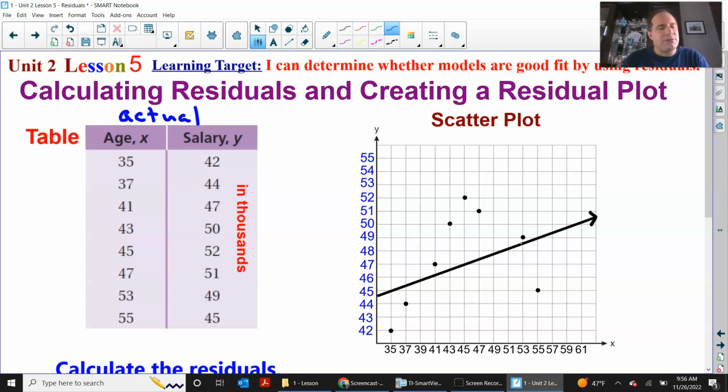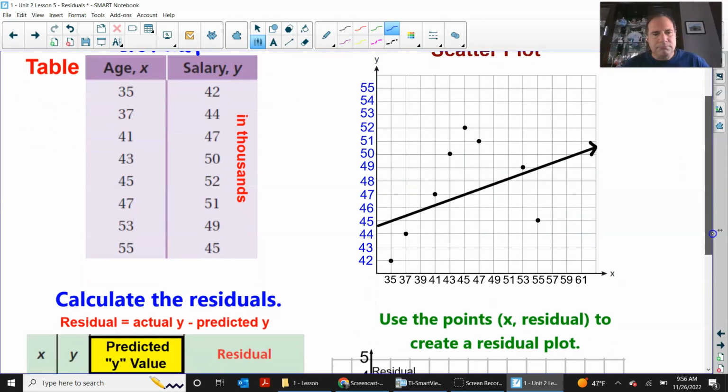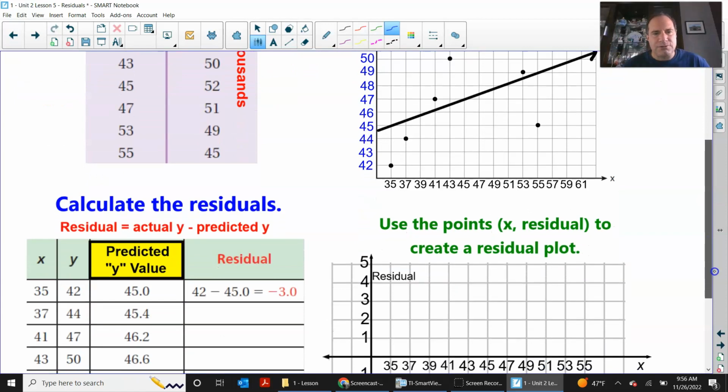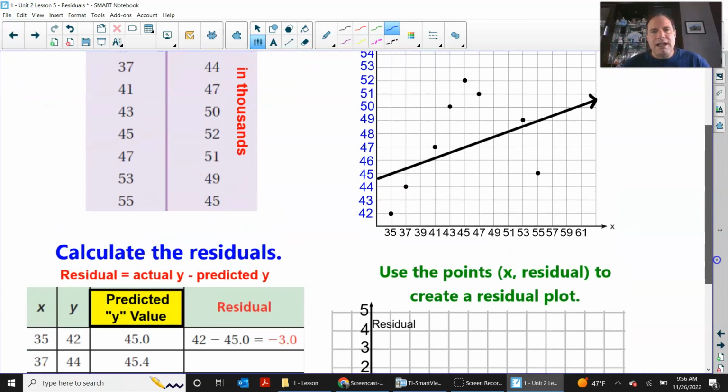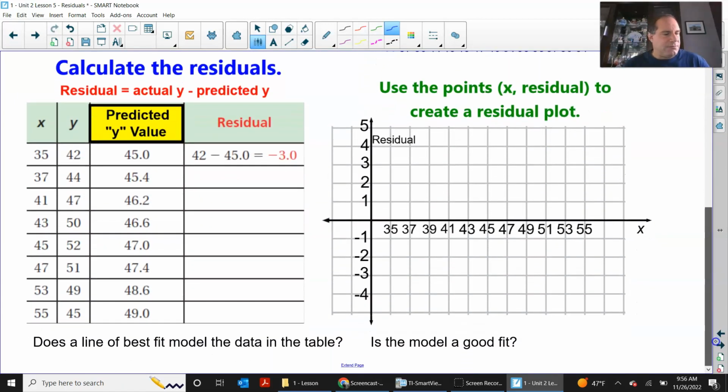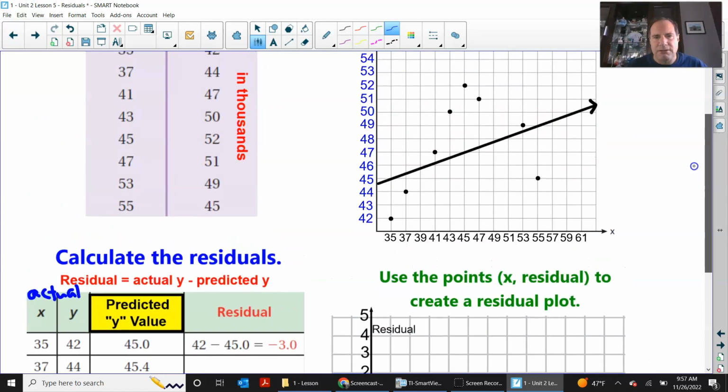So now we're going to calculate the residuals. I have everything done for you. So we have these actual points, actual X, actual Y, and here's the predicted value based on this trend line.